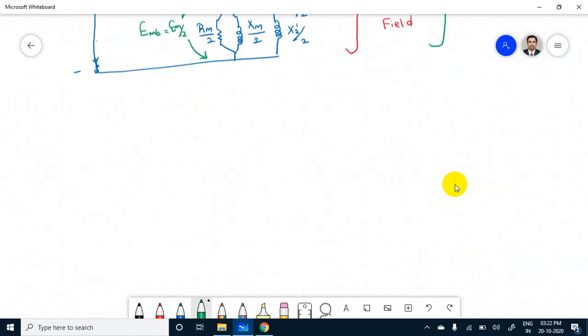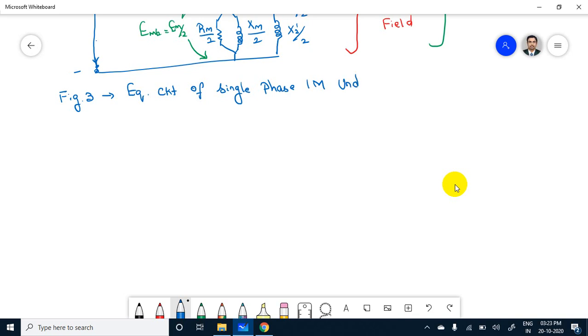Figure 3 represents the equivalent circuit of a single phase induction motor under normal operating condition.